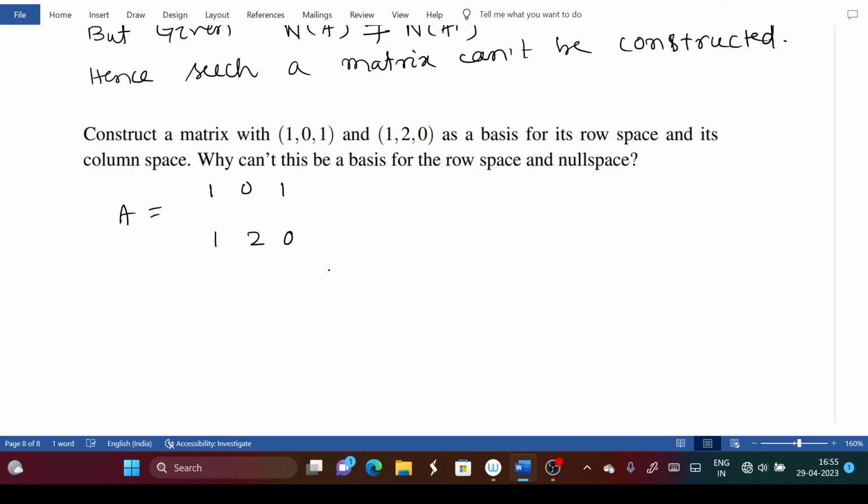To construct symmetric, here I will take 2, here I will take 0. So observe here, this is the column 101, this is the column 120. So these are there in the column space. And the first row is row space vector and third row is row space vector.